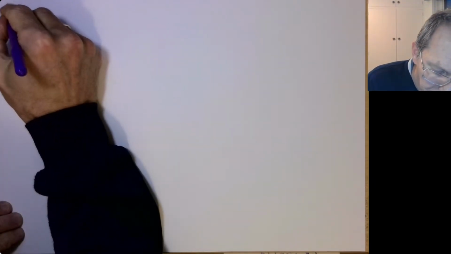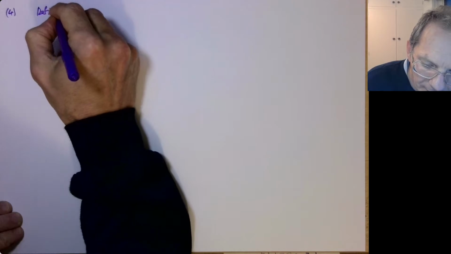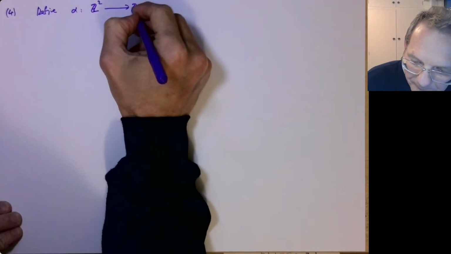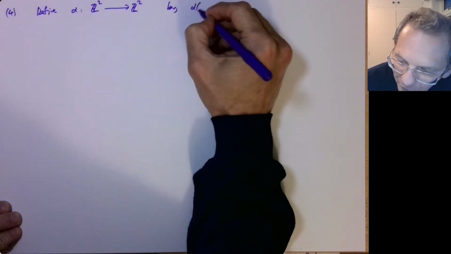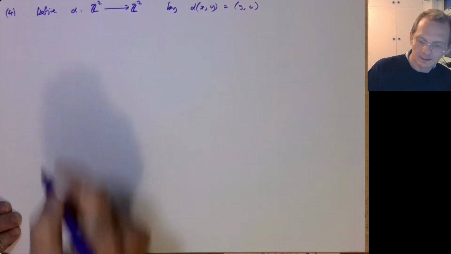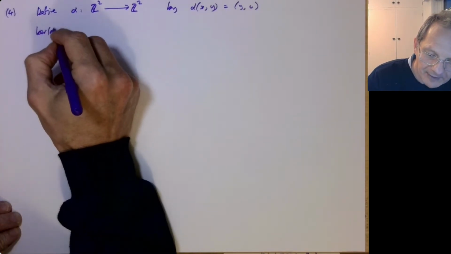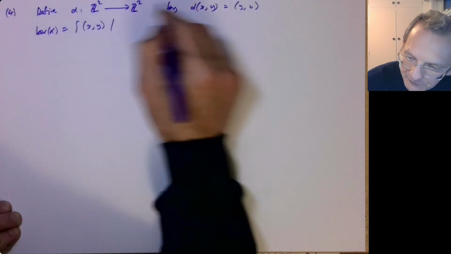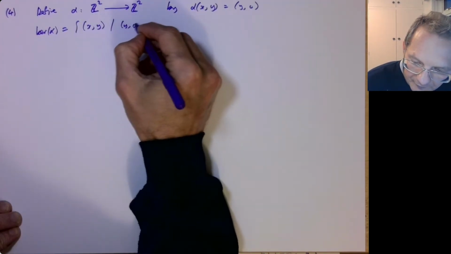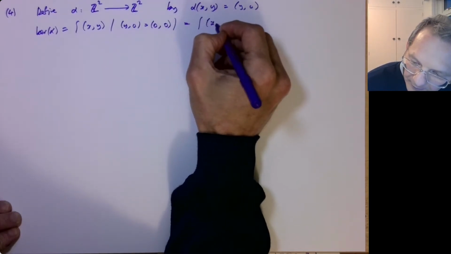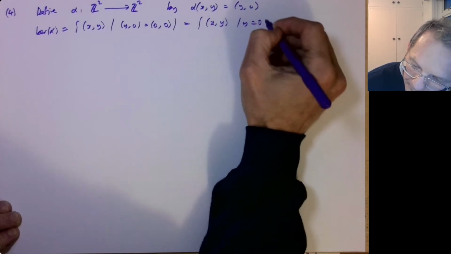And one more example I wanted to give. Let's define alpha from Z squared to Z squared by alpha of (x, y) is (y, 0). Then the kernel of alpha is the set of pairs (x, y) for which (y, 0) is (0, 0), so the set of pairs (x, y) where y is 0.